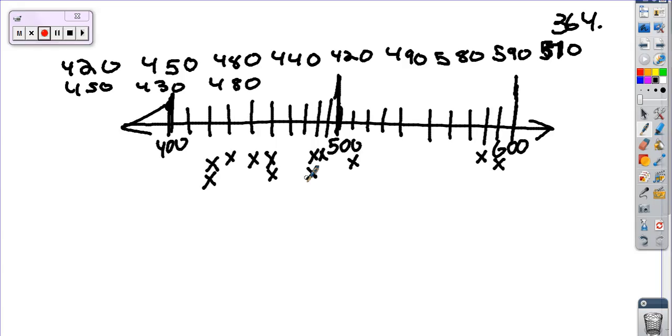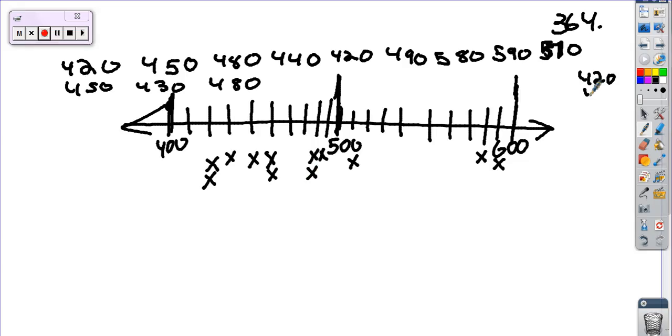Letter B tells me to find the mean, median, mode, and range of the data. The mean is the average. Well, that's going to be a lot of fun. So, let's find the average of all this.